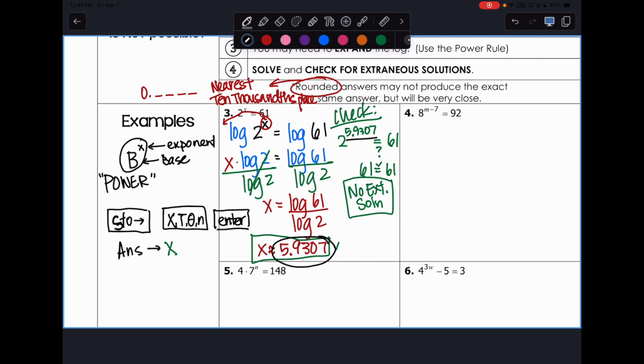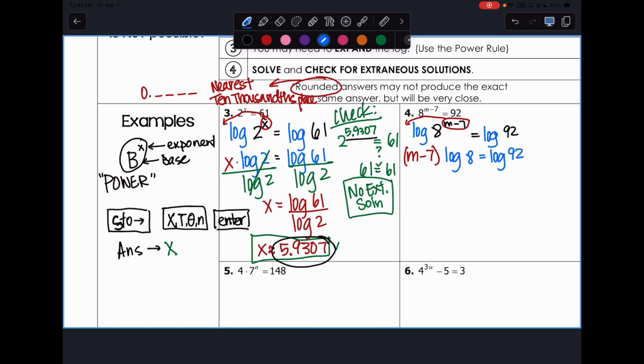Okay. So we're going to take log of both sides. 8 to the m minus 7 equals 92, so log of 8 to the m minus 7 equals log of 92. Then what do I get to do once I have log on both sides? M minus 7 gets to be dropped down to the mere mortals of the world here. M minus 7 times log of 8 equals log of 92.